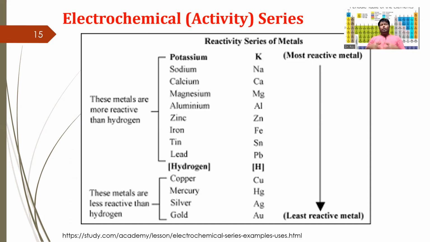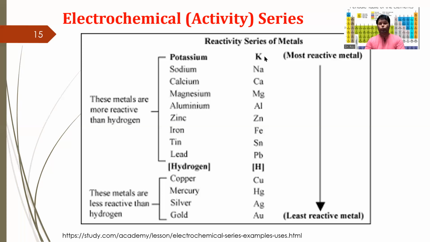In the periodic table, we have arranged all the metals or atoms according to their electronic configuration. All the elements having 1 electron in the outermost shell are organized in group 1, and the rest in group 2, group 3, group 4, and so on.